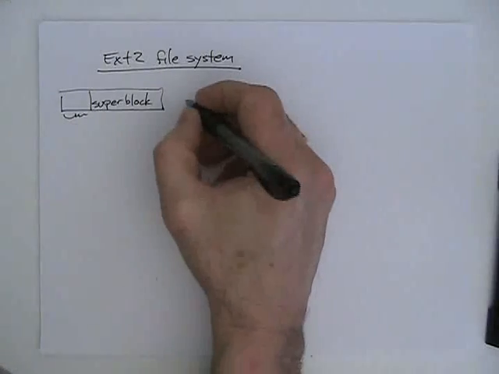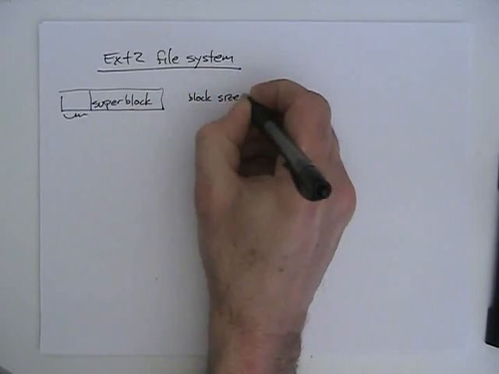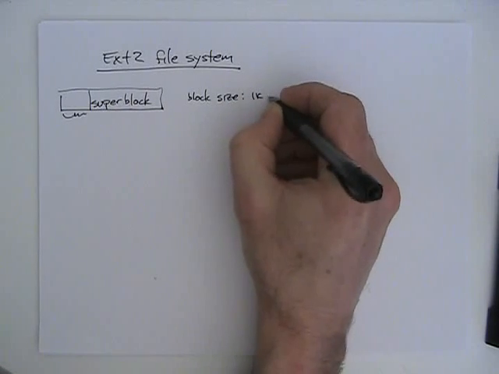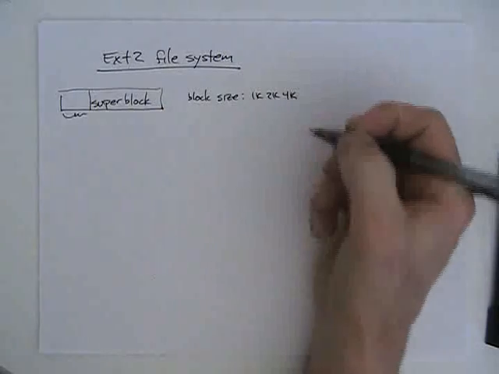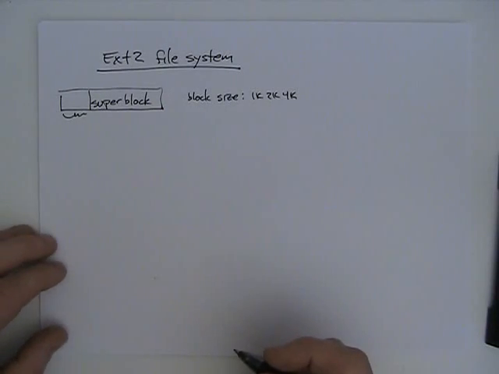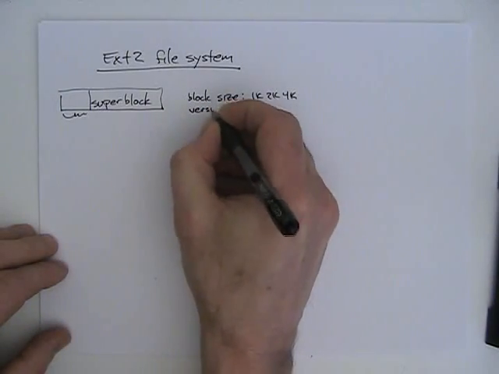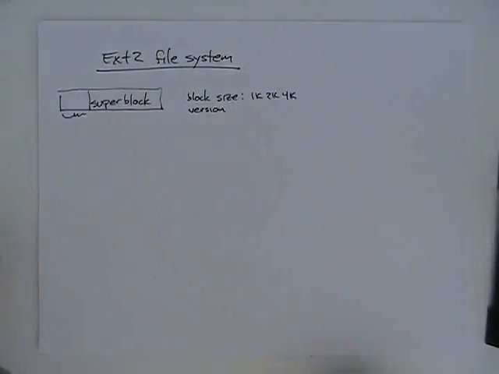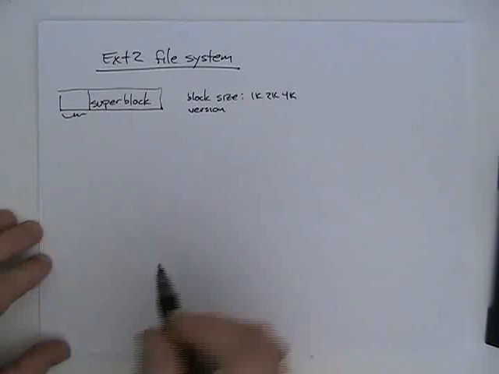So block size, it might be 1K, 2K, 4K. The version. So over time, they've added features to it, and so you can know what version.